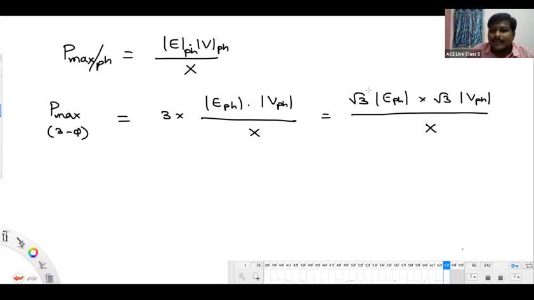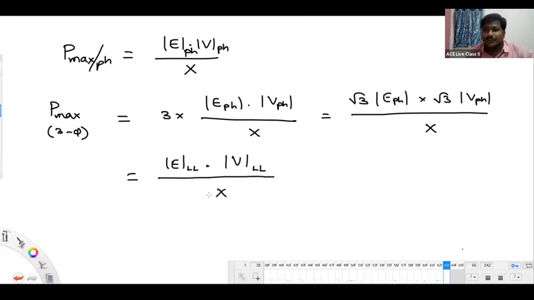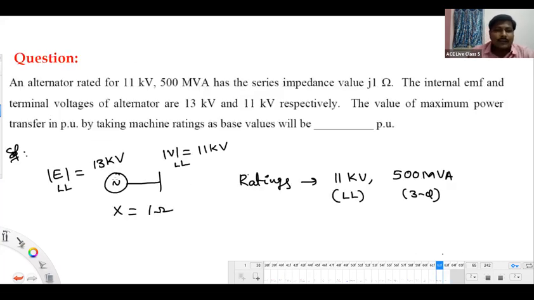Okay. See, what is it? Root 3 into E phase you can write as E line-to-line magnitude. And root 3 into V phase is V line-to-line magnitude, by reactance value in ohms. Okay, simple. You keep the values of E, V, X in the original form, in the absolute form, and substitute. What is E line-to-line? 13 kV.